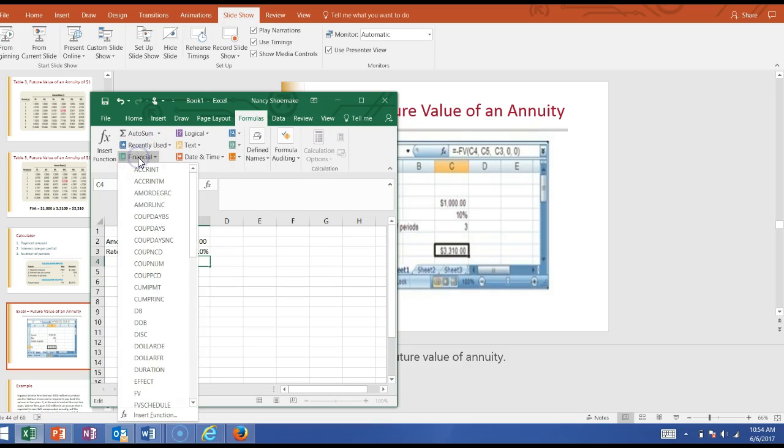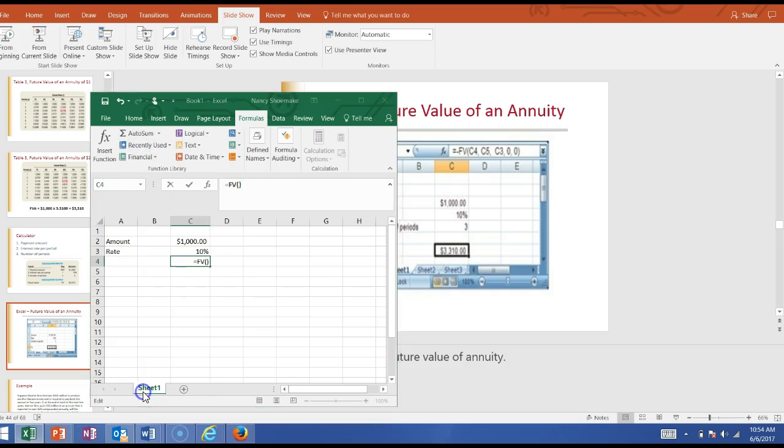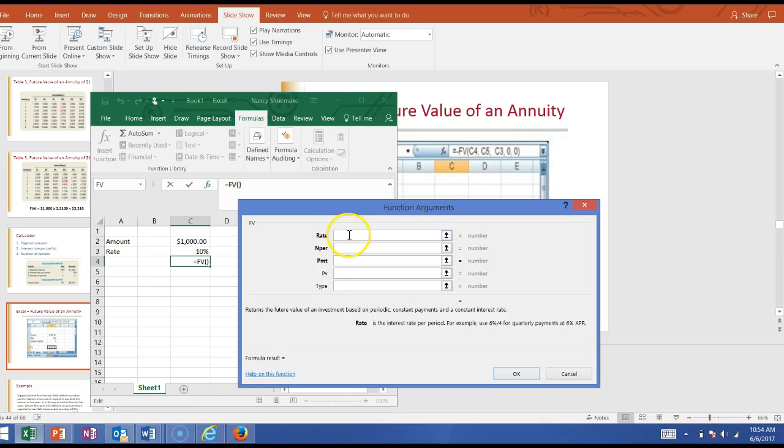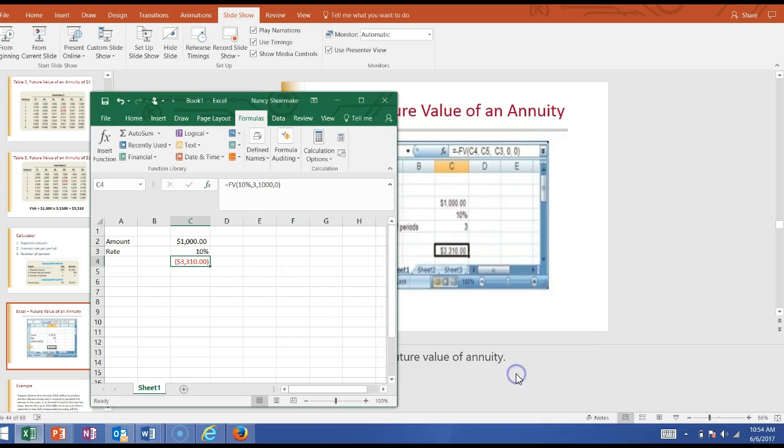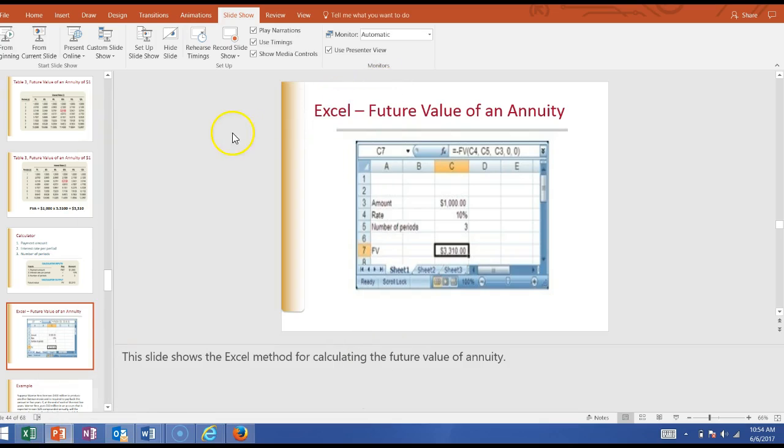So we're going to go to future value, and the rate is 10%. The number of periods, 3. The payment is 1,000. Present value is 0. Correct? So we see here that the amount in the future would be 3,310.